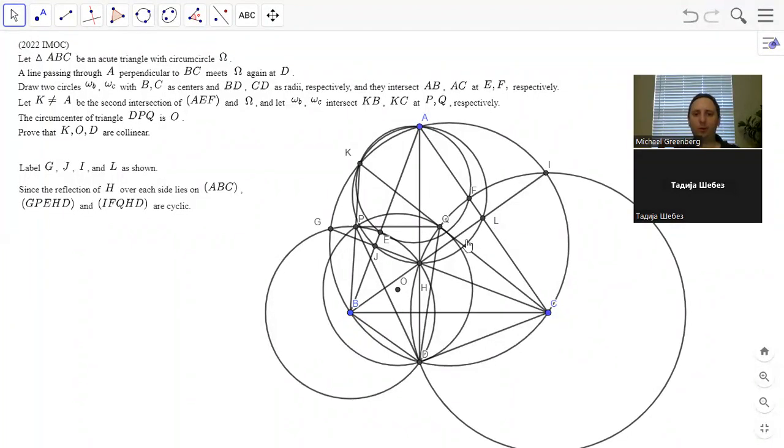Oh, the Q point, we used the corresponding points. In triangles BHJ and CHL, E and F correspond to each other. So you just prove that BE over BJ is CF over CL, and that is obvious by lengths.